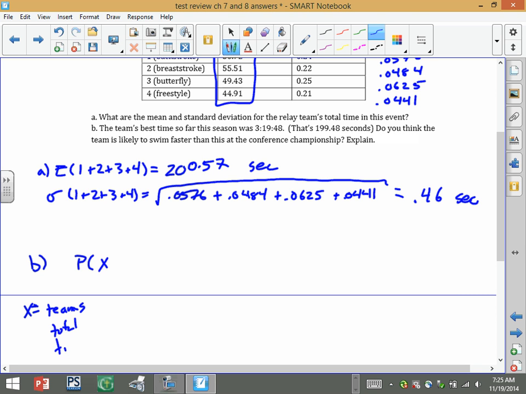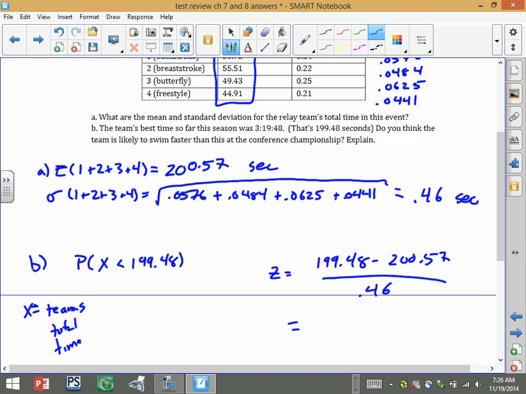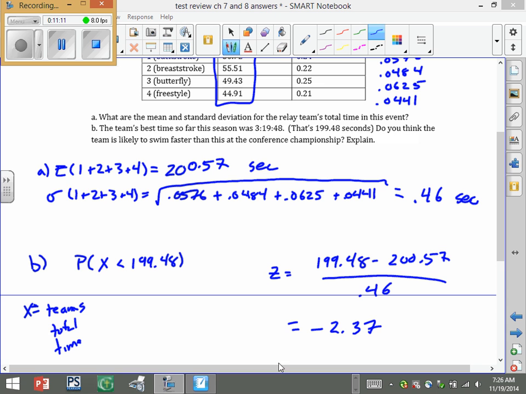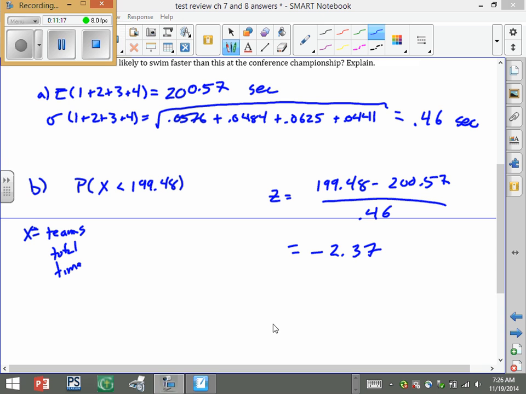What's the probability x is under 199.48? z-score, 199.48 minus 200.57 divided by my standard deviation of 0.46. So our z-score for this particular problem is negative 2.37, which right away tells us it's not very likely it's going to happen.